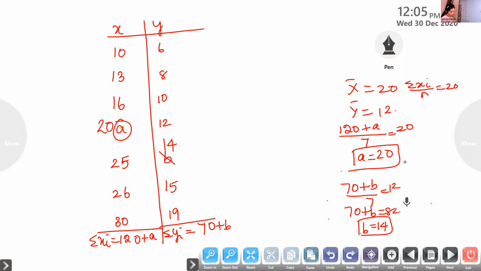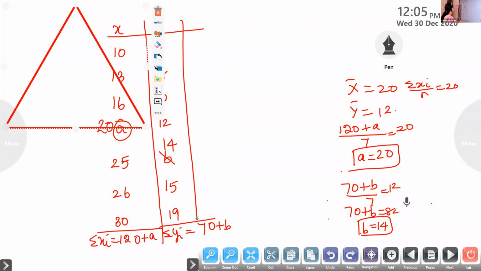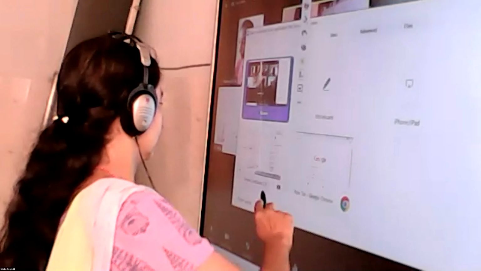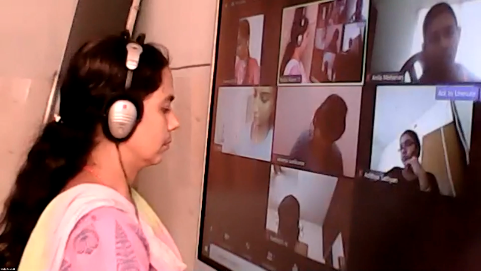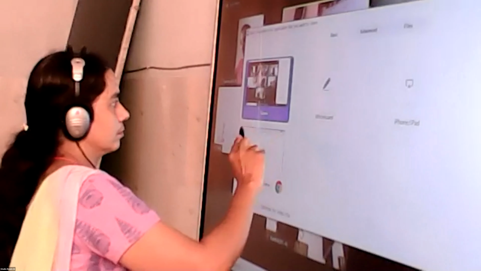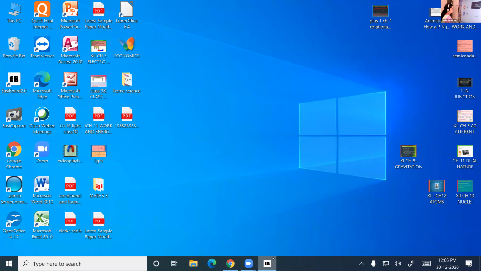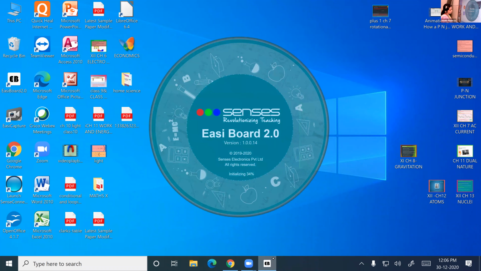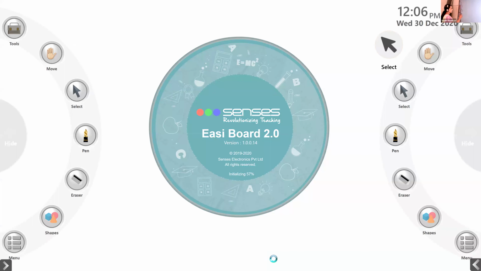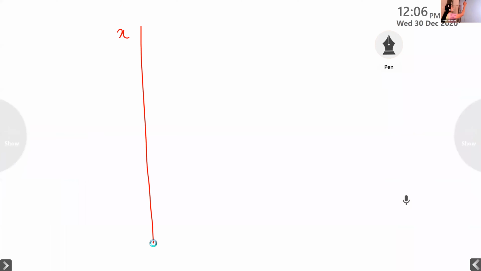Either you can use the previous method, or you can use the other one. So X and Y are given, isn't it?